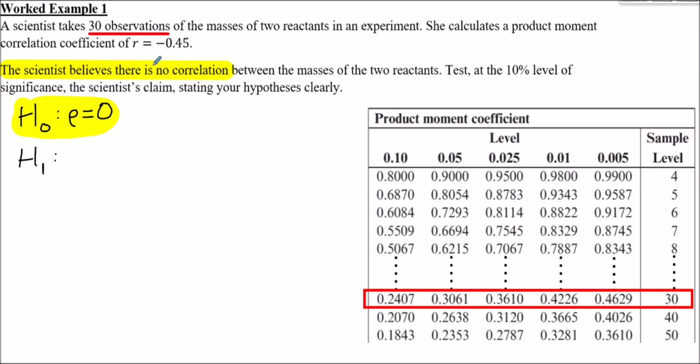Now this scientist is just saying that there is no correlation, and there's no saying if we want to test for positive or negative. So if you're just saying that there's no correlation, the alternative is that there is correlation. There could be correlation which is positive or negative. So all we need to say is, if it is correlation, then the correlation is not 0. And this, therefore, is going to be a two-tailed test.